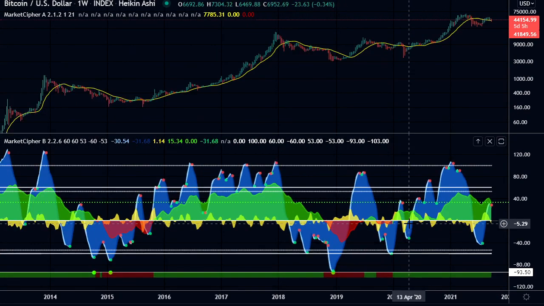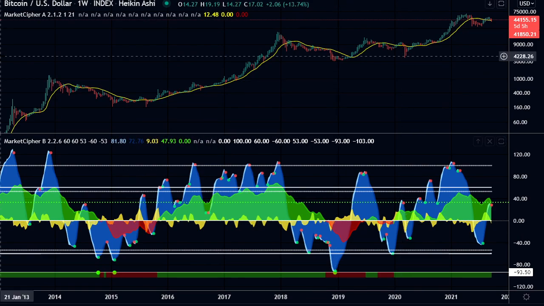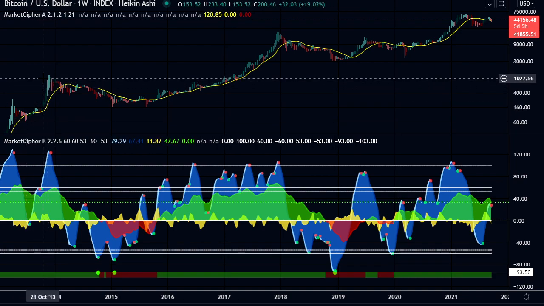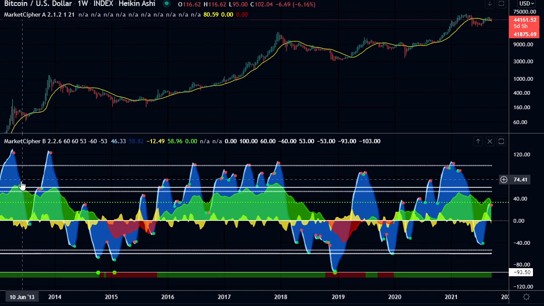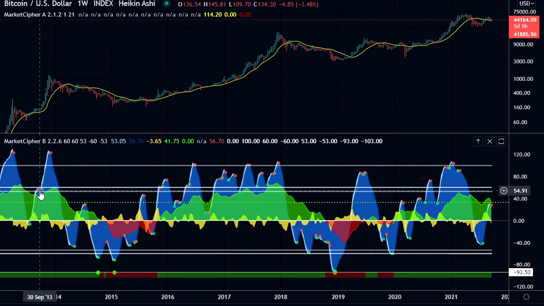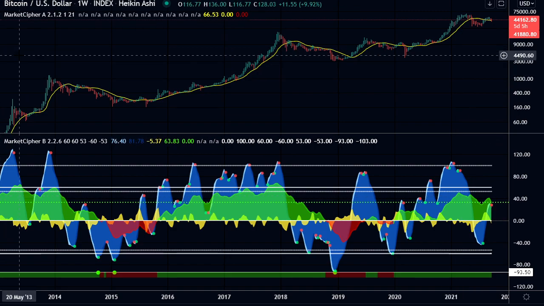But I want to compare that to the 2013 mid-cycle pullback here. This was the mid-cycle pullback, and this was the peak of that 2013 bull run. We can see we did have this big drop here on Market Cipher. We got a green dot. We did start that recovery, and then we did get a red dot here, quite similar to what we're showing at the moment.